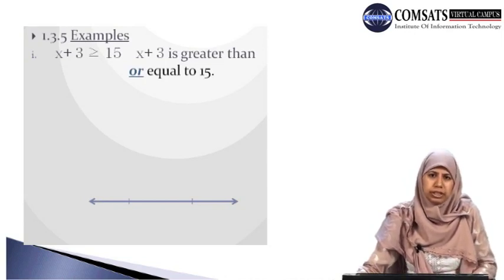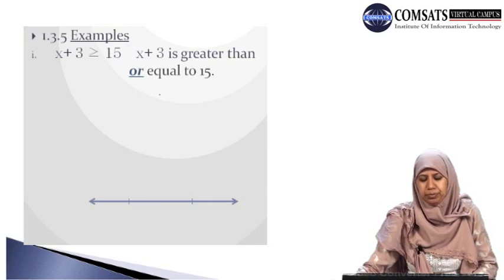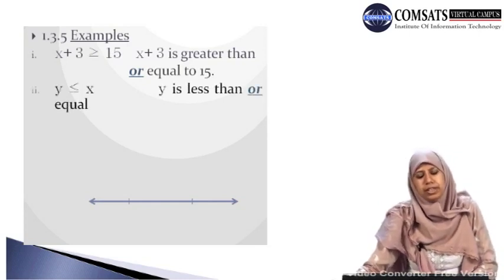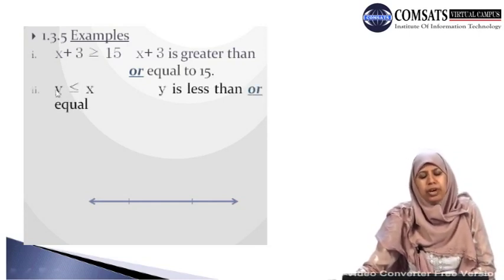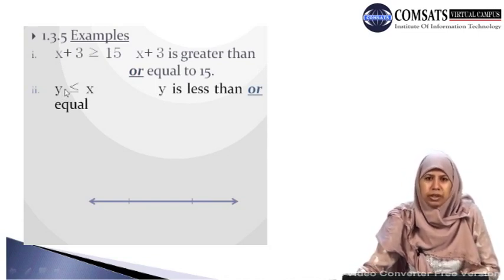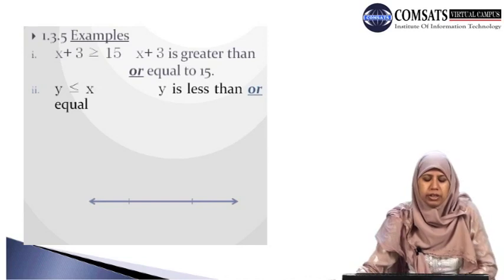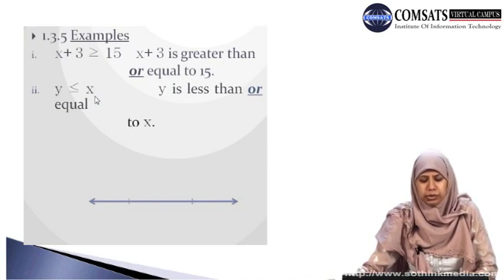Now we have two possibilities: either x plus 3 is greater than 15 or x plus 3 is equal to 15. The second example is y is less than or equal to x, which we interpret as either y is less than x or y is equal to x.